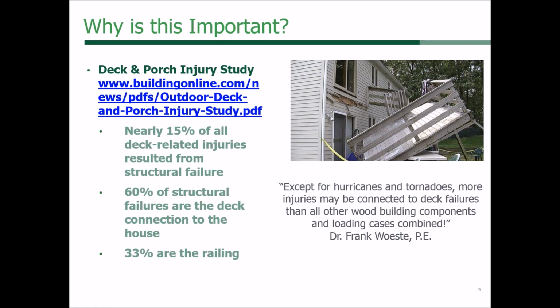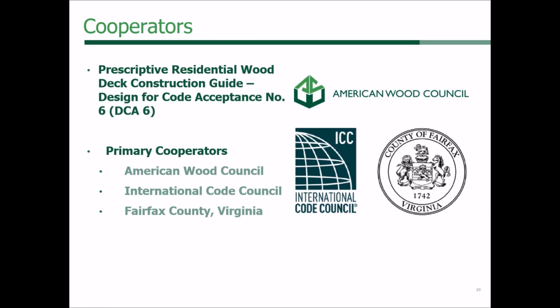So it wrote DCA6. First thing we did was look at what was already existing, and Fairfax County of Virginia already had a very nice deck guide, so we borrowed heavily from it and tried to make it on a more national scale. So we include Western species of lumber like Hem-fir and Douglas fir-larch.